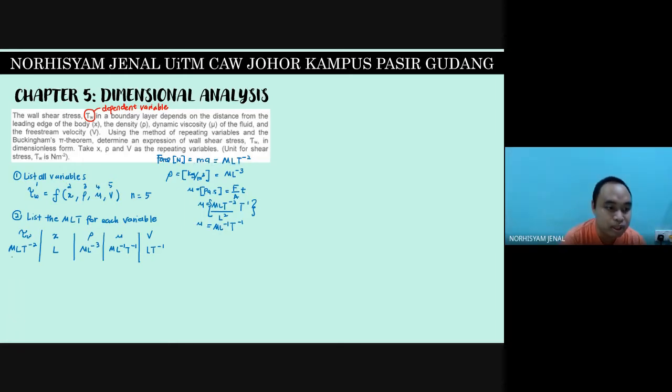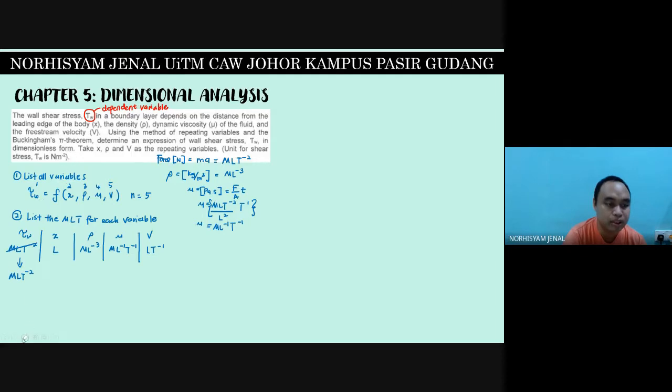We cannot use M L T negative 2 for tau, because we have meter negative 2 over here, correct? So this is force, so tau over here should be M L T negative 2 and then meter negative 2 here.